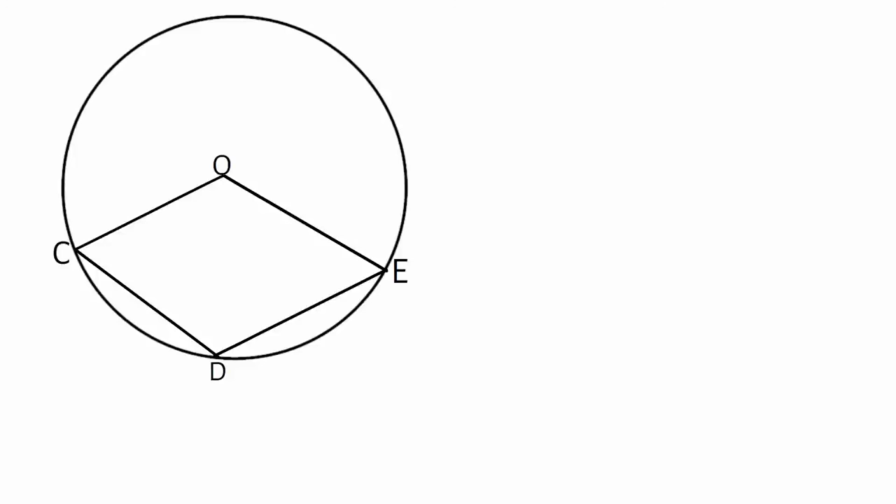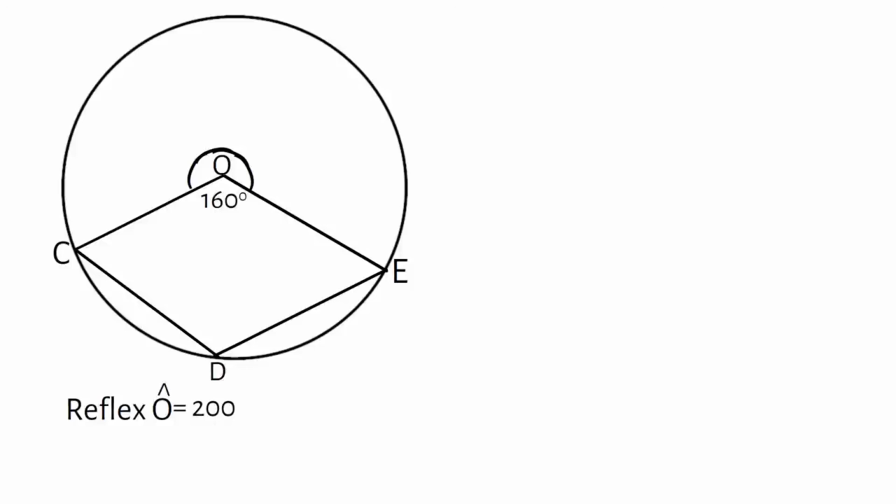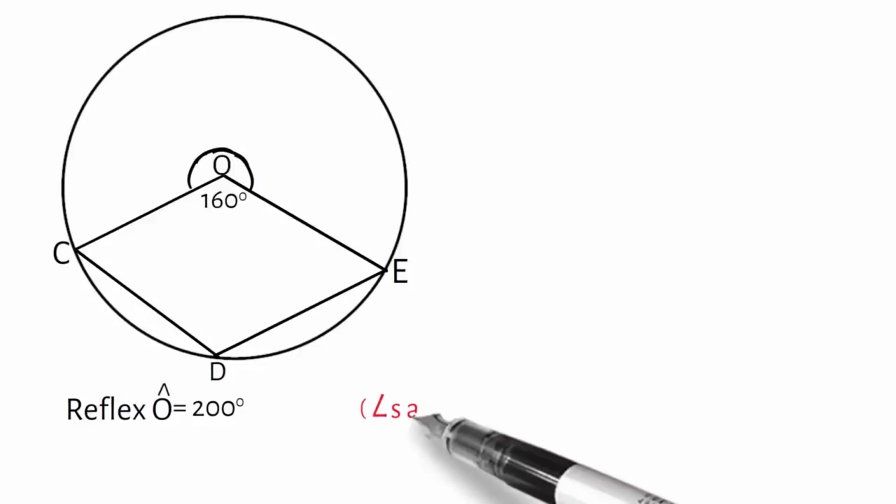So since we have 160 degrees on angle O's interior angle, this 160 degrees is still not twice the size of angle D. But the reflex angle O, the exterior angle, is 200 degrees, which we figure out this way. We take 360 degrees and minus it by 160 degrees. So the reflex angle O is 200 degrees, and the reason being angles around the point from that theorem.